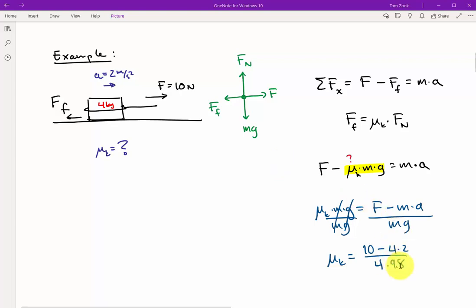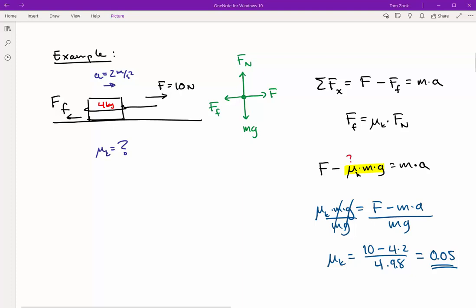In this case, you could also use 10 for the acceleration of gravity instead of using 9.8 if you wanted to do a little bit of mental math. But I don't want to do mental math, so I pop into my calculator and I get a coefficient of friction of 0.051, but we'll just stick to 2 decimals. Now remember, there's no units on the coefficient of friction, it is just a number.